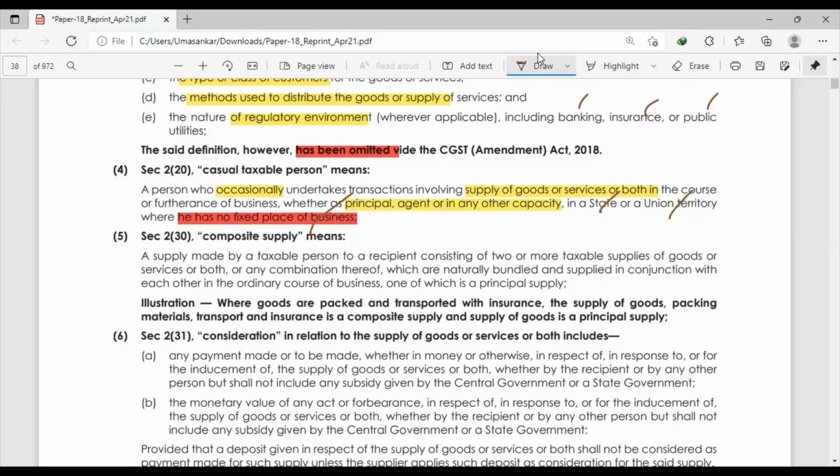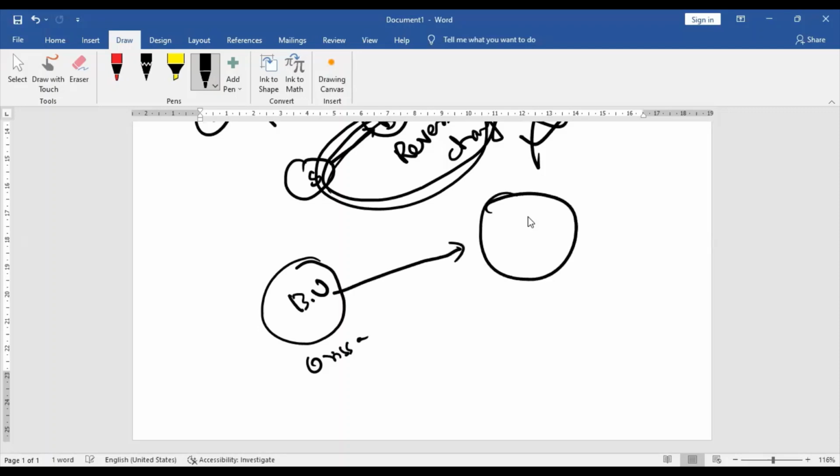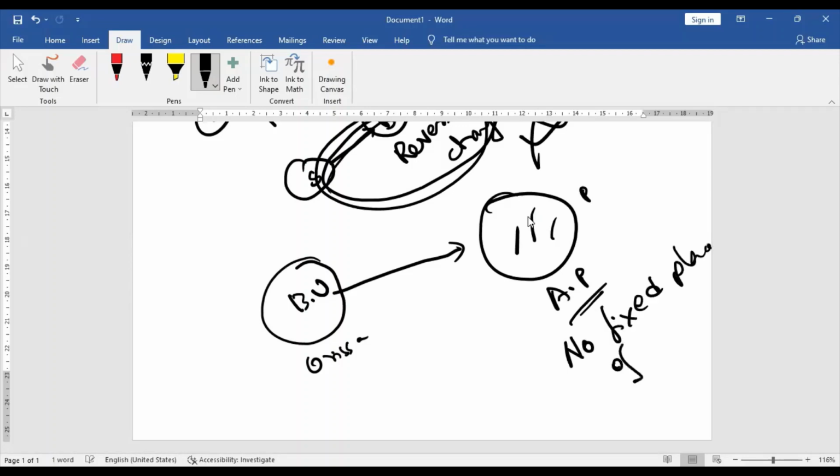For example, let's take an example. Here there is a factory. Suppose this is Odisha. Here my business unit is there. I want to go to Andhra Pradesh to participate in a fair or some type of exhibition, where I will sell my products. But in Andhra Pradesh, I have no fixed place of business.